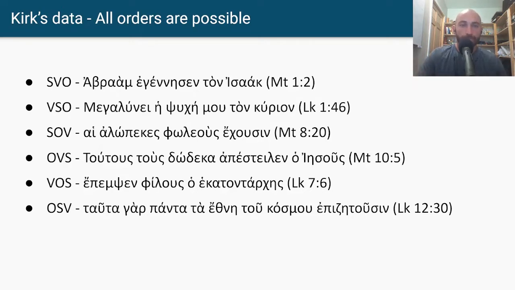So the task, once we see this data, what do we do with it? Do we conclude that any order is possible? The task at this point is to look at all the SOV clauses, for example, and see if there's a pattern. See if there's something in the syntax or something in the context that is triggering this order. That's the idea.